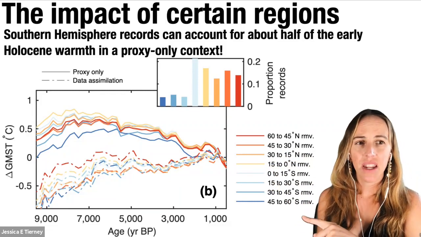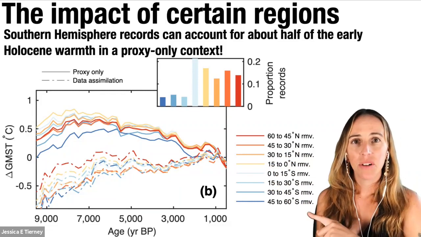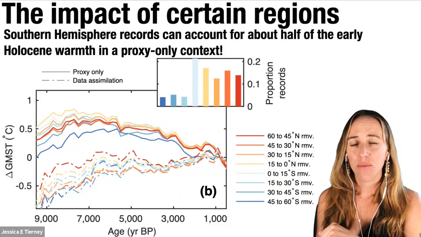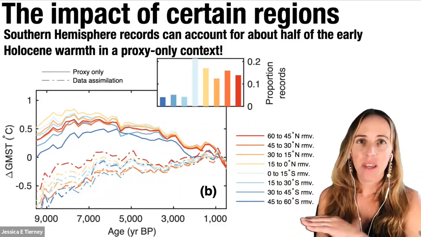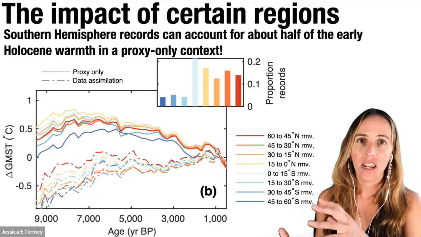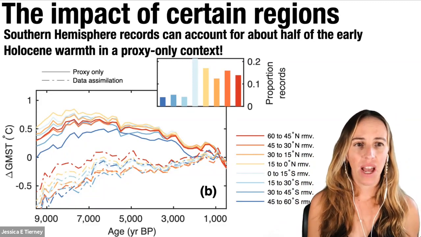And the reason for that is even though there are relatively few data in these bands, they have a warm early Holocene, as I showed you earlier in the talk. And in a traditional proxy-only reconstruction, that band gets equally weighted with similar latitudinal bands that have more data. So effectively, those records get upweighted into the global average.